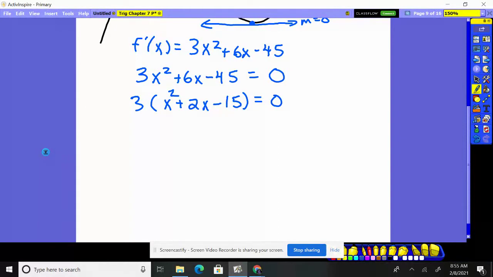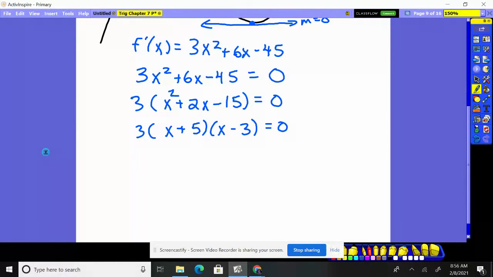So what multiplies together gives you 15, but has a difference of 2? Well, that looks to me like it's going to be a plus 5 and minus 3. Because you get 5x minus 3x, that gives you the positive 2x, and positive 5 times negative 3 is negative 15. Okay, I'm not going to give you a problem where you have to use the quadratic formula. I'm going to make it factorable.